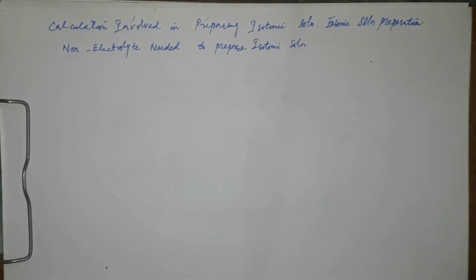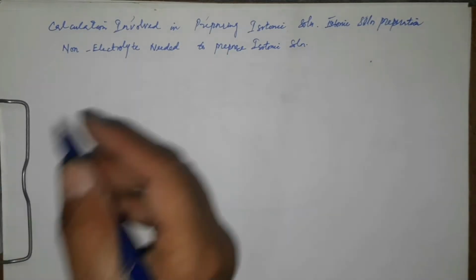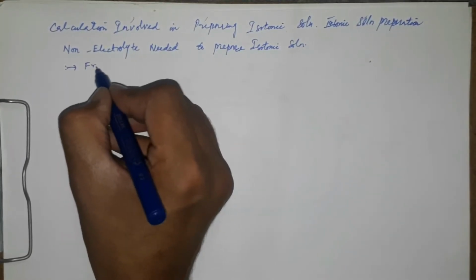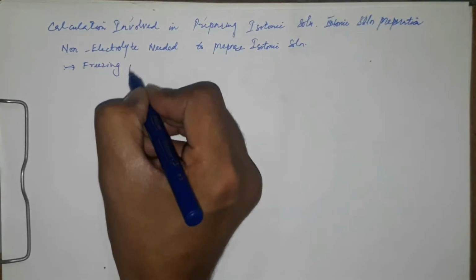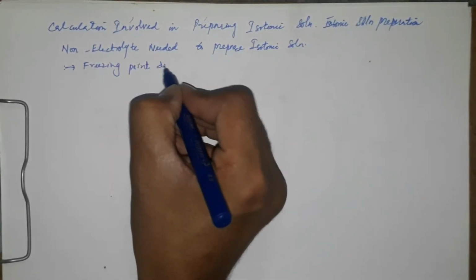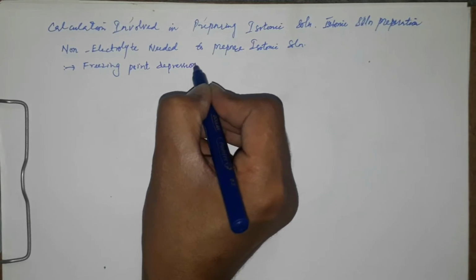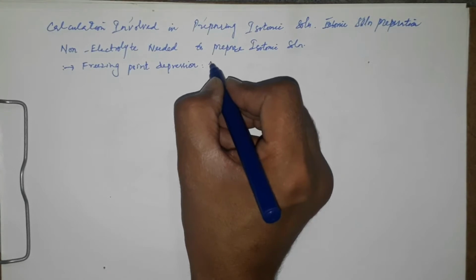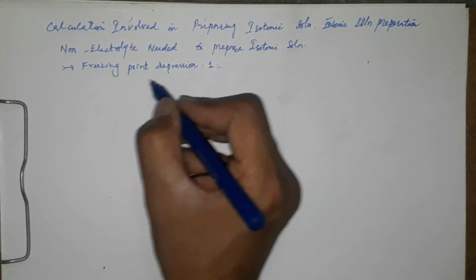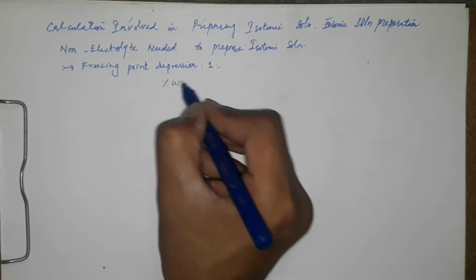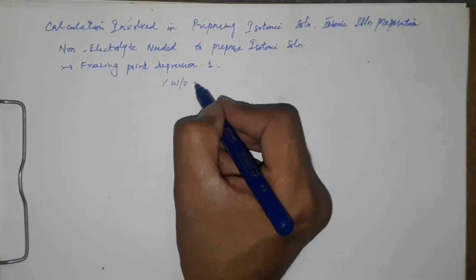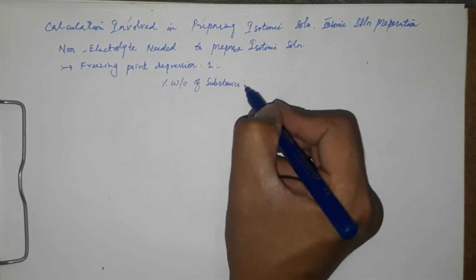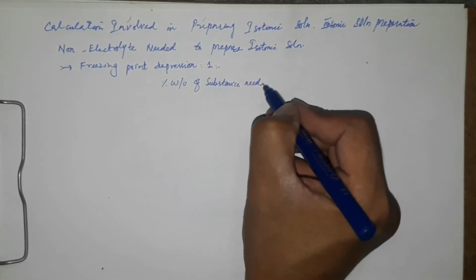So previously we have discussed a very simple method, the freezing point depression method. In method 1, there was a simple formula for the percentage weight in volume of substance needed to prepare isotonic solution.